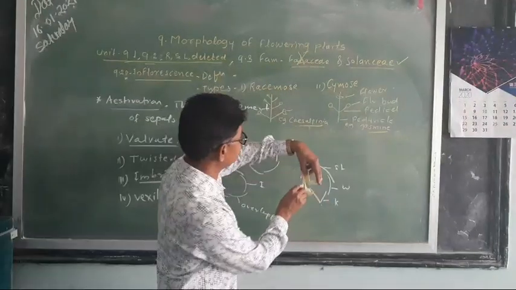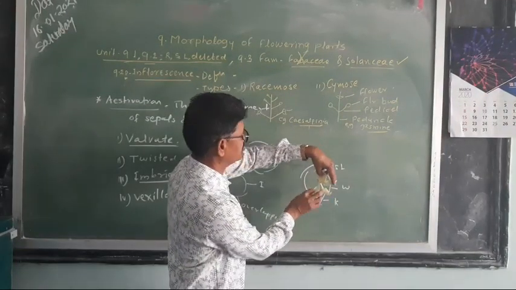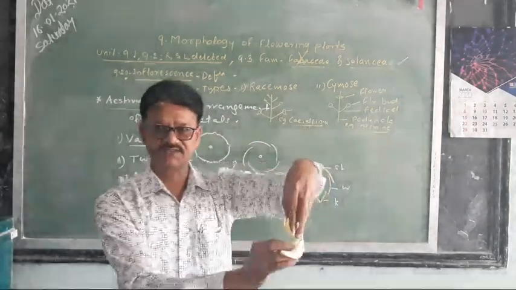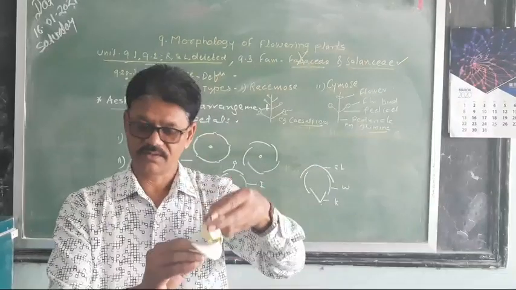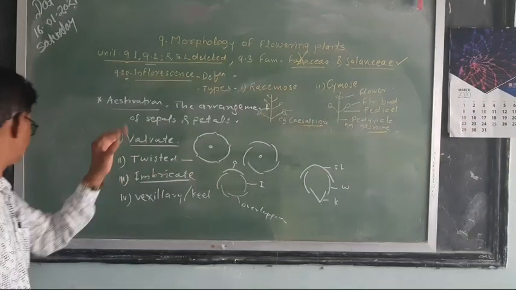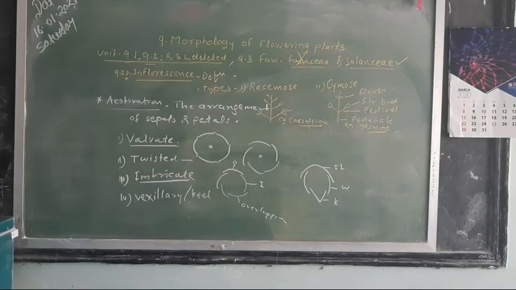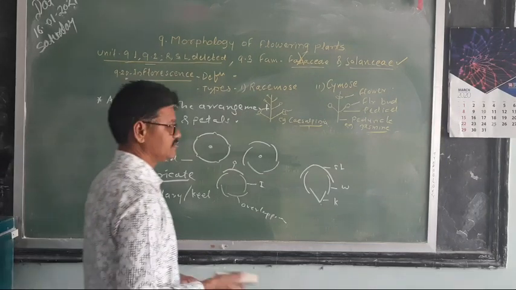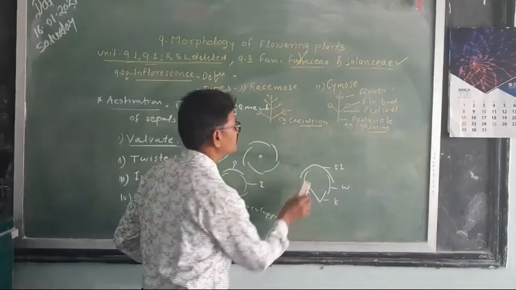You can clearly see this is the example. Do you understand? So there are four types of aestivation. The topic is finished here. Example is family Papilionaceae or Pisum sativum, that is the matar.